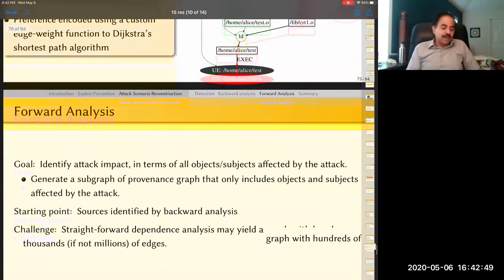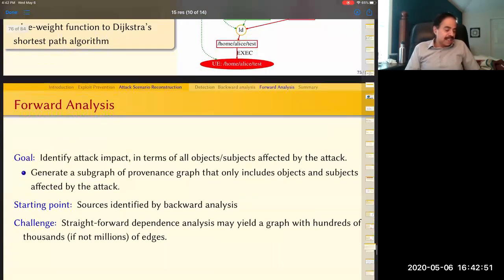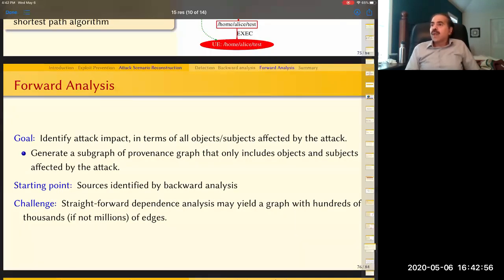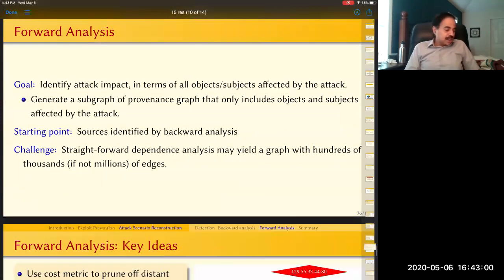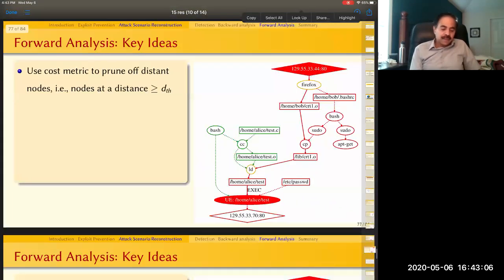Once we find the entry point, the next thing we do is forward analysis, which is intended to identify what the attacker did once they got into the system. So we look forward from here, and we follow all of these arrows going forward, and we construct this picture.